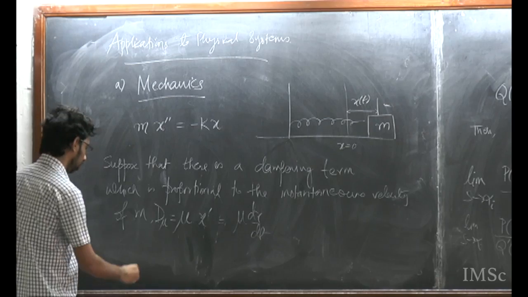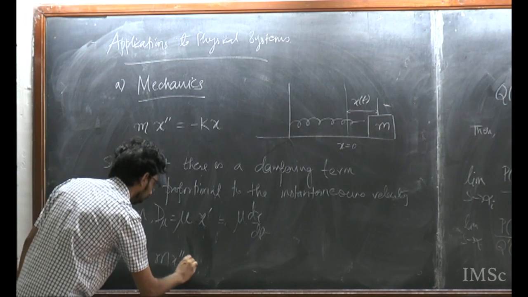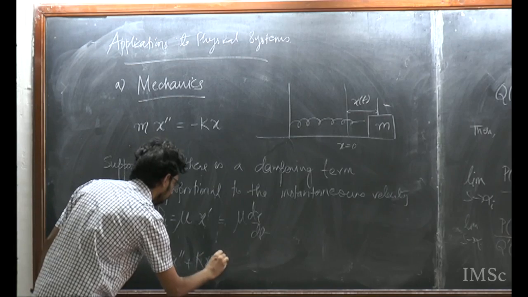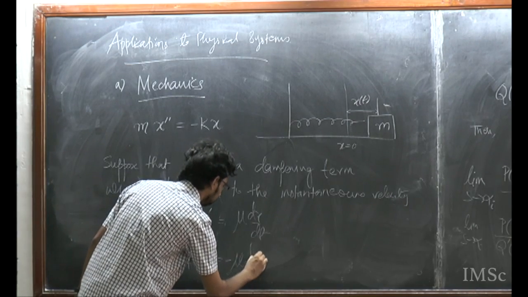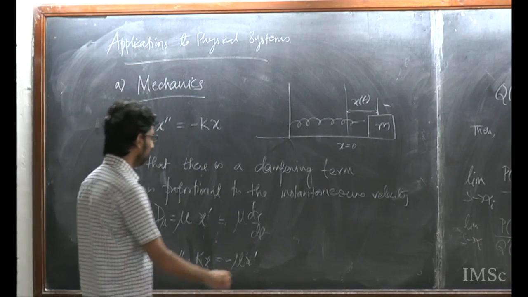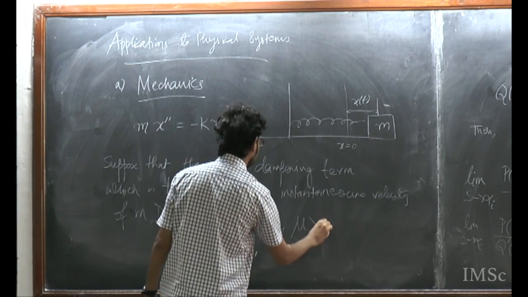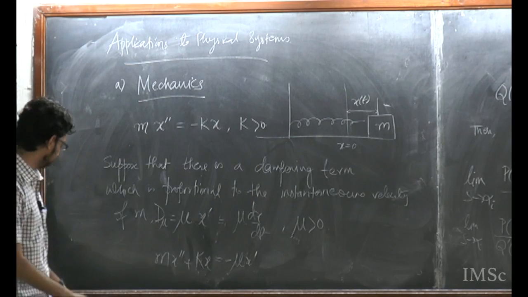So then your equation will be m x double prime plus kx equals minus mu x prime. Here mu is positive, k is also positive.